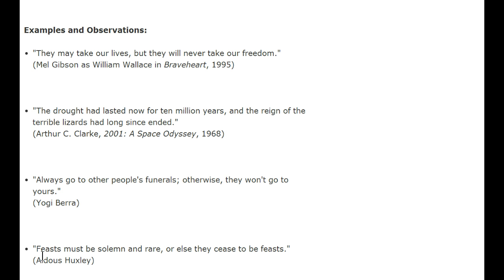Then we say, feasts must be solemn and rare, or else they cease to be feasts. You can see that these are two independent sentences joined by or, and we have a comma, which is a very common use in the compound sentence.